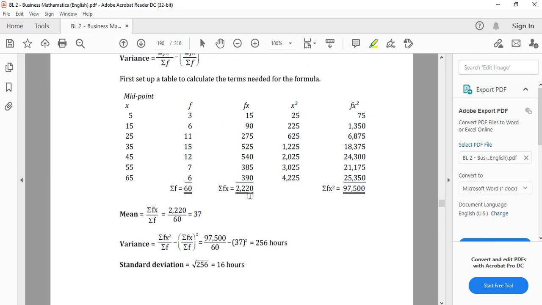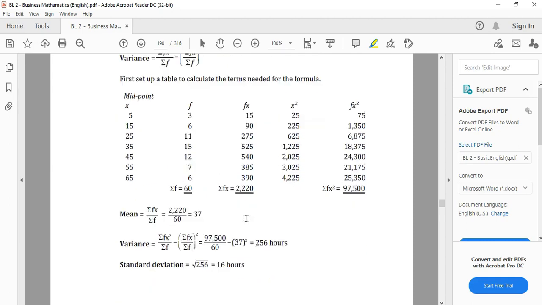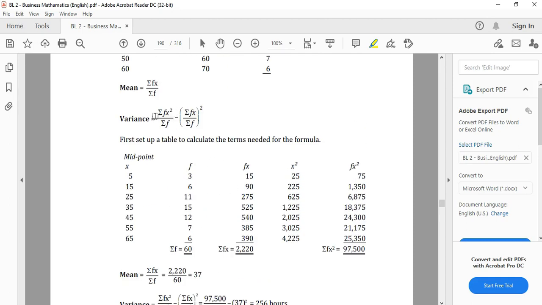Then for the variance, they've just broken the variance formula for grouped data like this into this. I told you all you could mathematically break down equations into parts. Likewise, they have done.